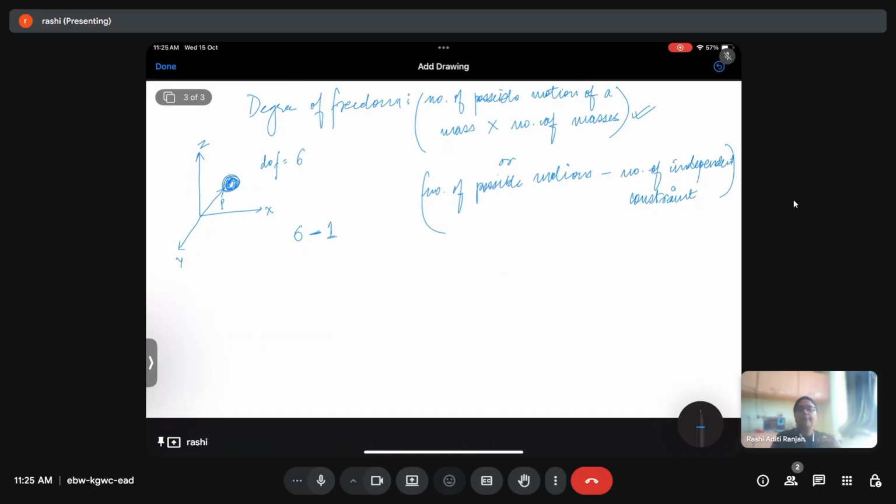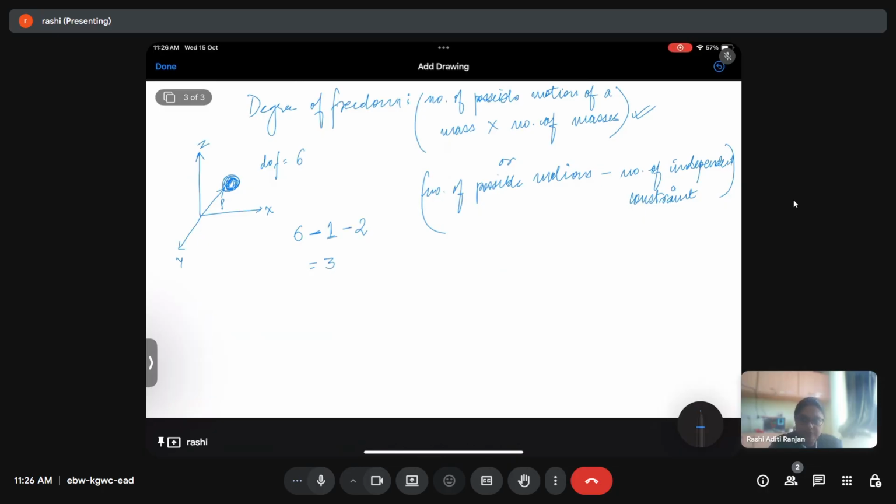Second is about rotation. It can still rotate about the Z axis, because for rotation about the Z axis it just has to travel in the XY plane. But what about rotation about the X axis and Y axis? For that, it has to go in the Z direction, which I have not allowed. So there is minus 2, two independent constraints related to rotation about the X and Y axes. So now how many degrees of freedom is it going to have? 3 degrees of freedom, right?